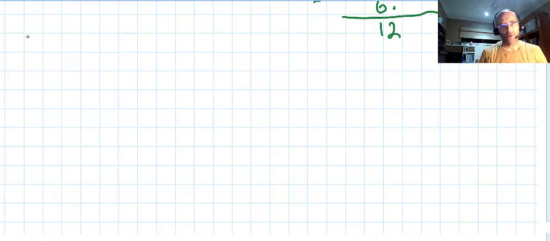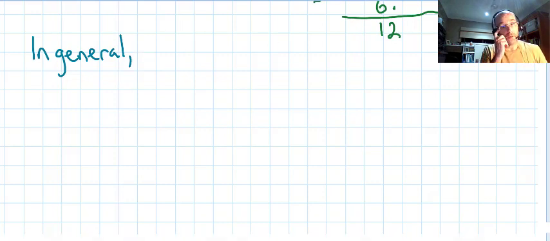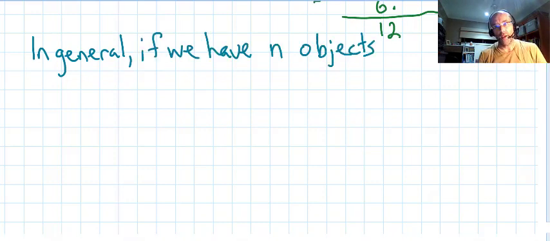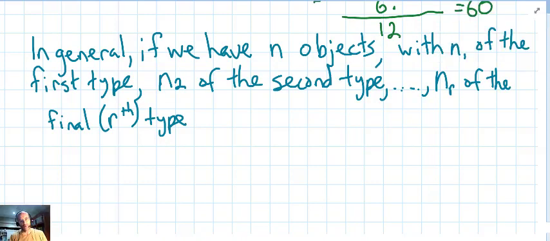So to conclude, in general, if we have n objects in total, we have n sub 1 objects of the first type, that might be the letter E, n sub 2 of the second type, that might be the letter P, and so forth.